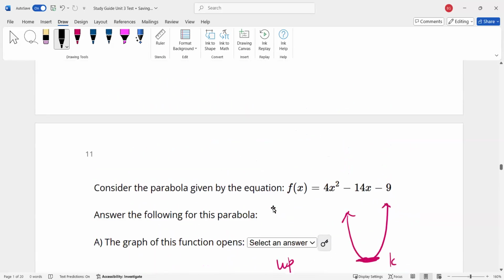You know this one, if I complete the square just very quickly, give me some time. x squared minus 7 over 2, because 14 over 4 is 7 over 2, x and minus 36. Hold on, 9 over 4.